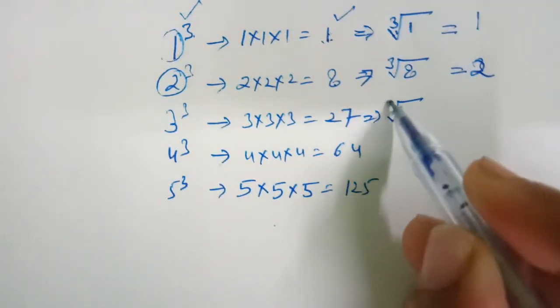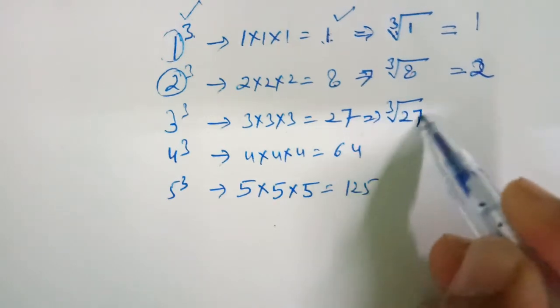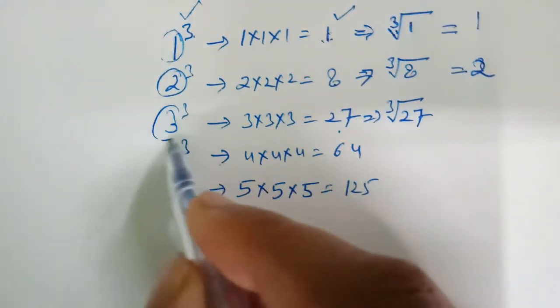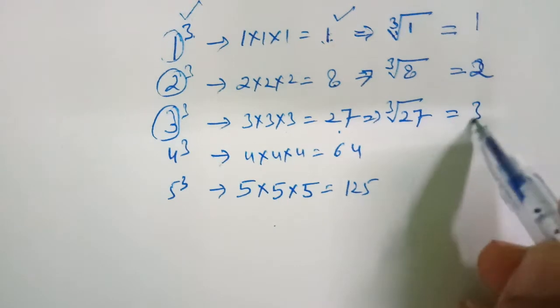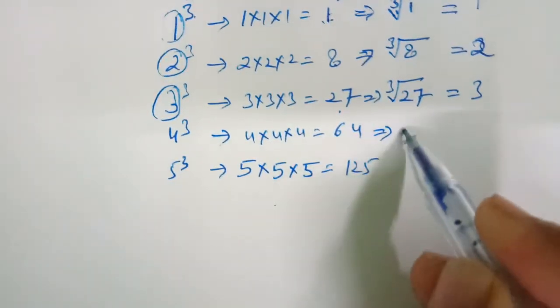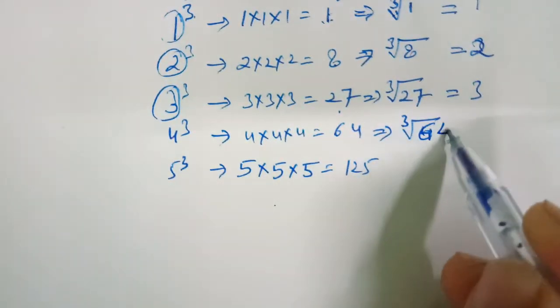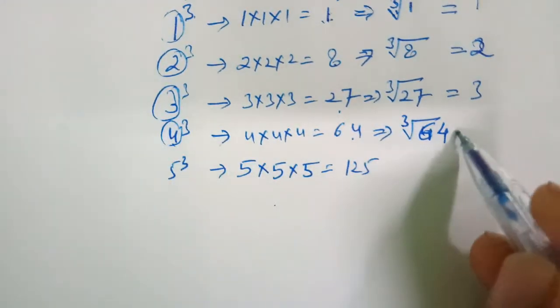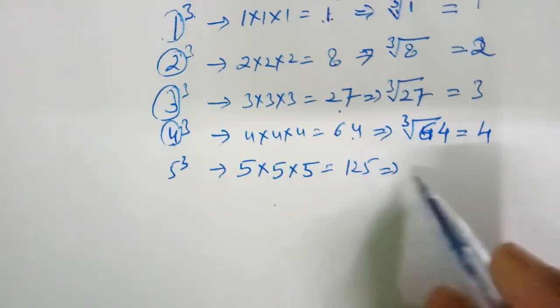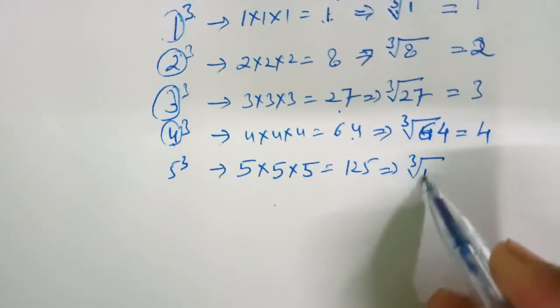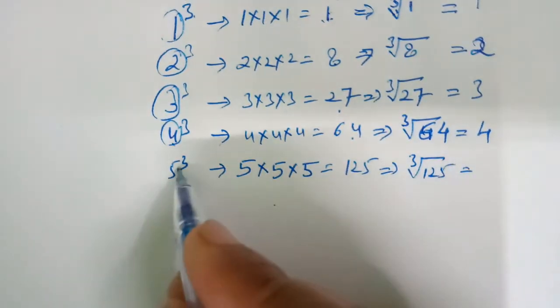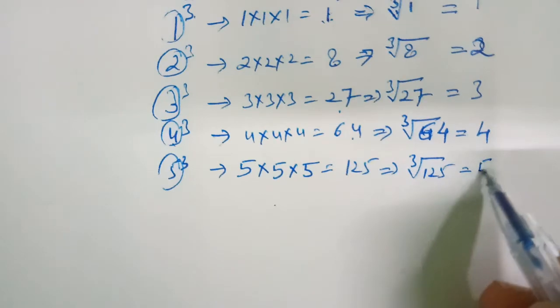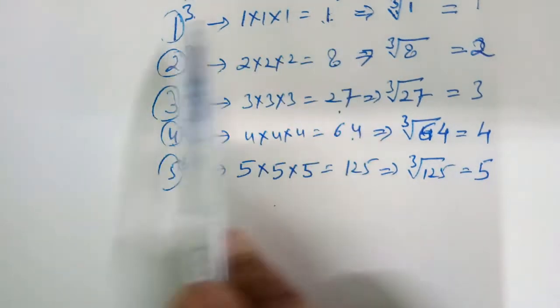If I take cube root of 27, then the answer will be 3. Cube root of 64, then the answer will be 4. Cube root of 125, the answer will be 5. So both of them are reverse of each other.